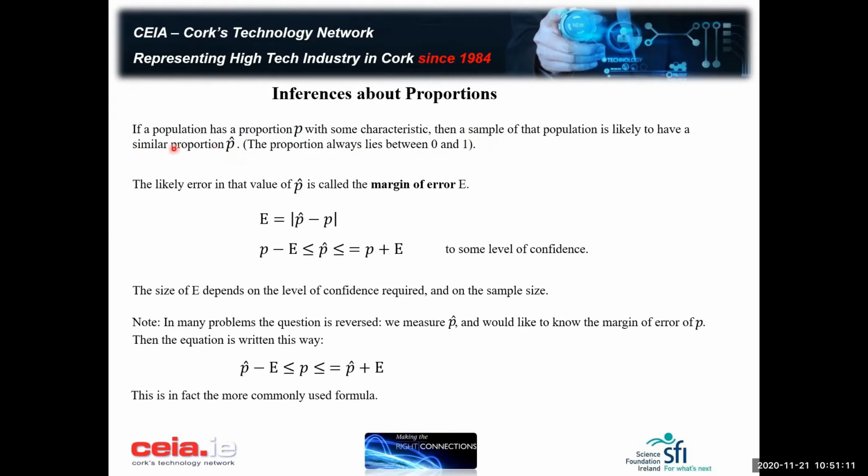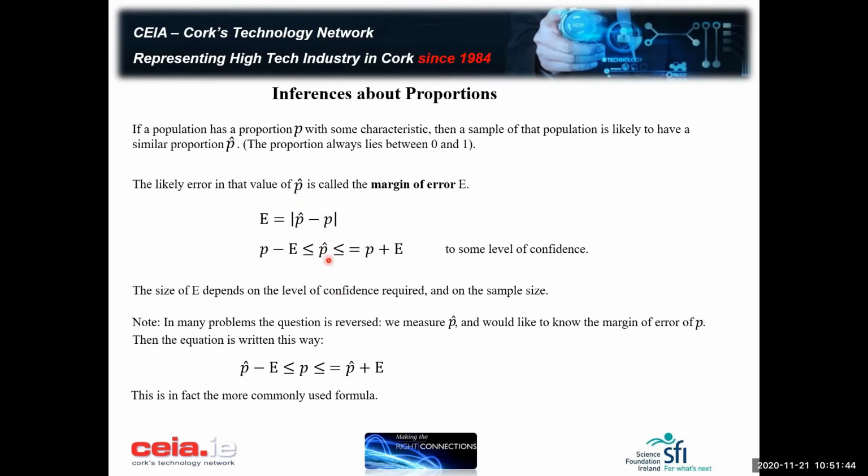But while it's similar, it won't be exactly the same generally because of random sampling. And the error you get when you're sampling is called the margin of error, which we call E. So E is the difference between the sample's estimate of the proportion and the actual proportion P. And it's the absolute value of that because it can be positive or negative. You can get an error in either direction.